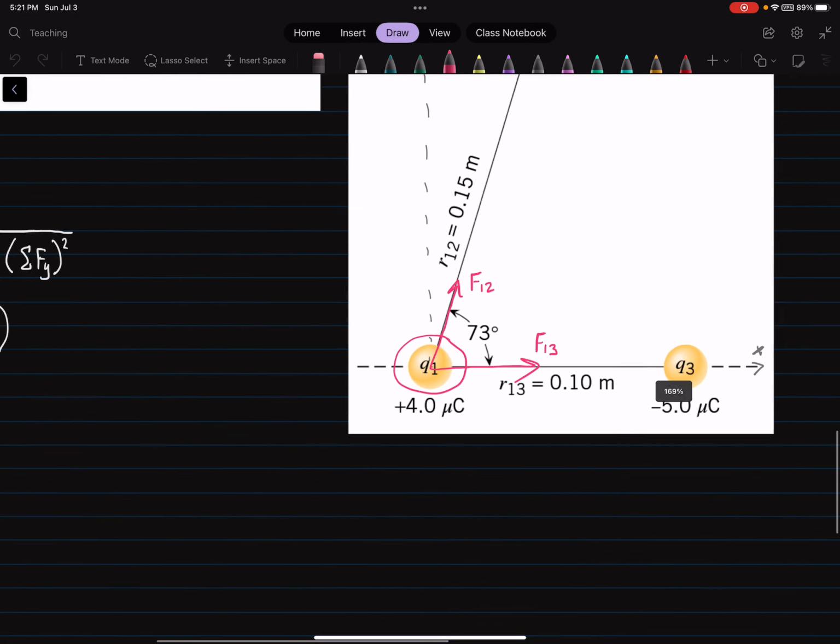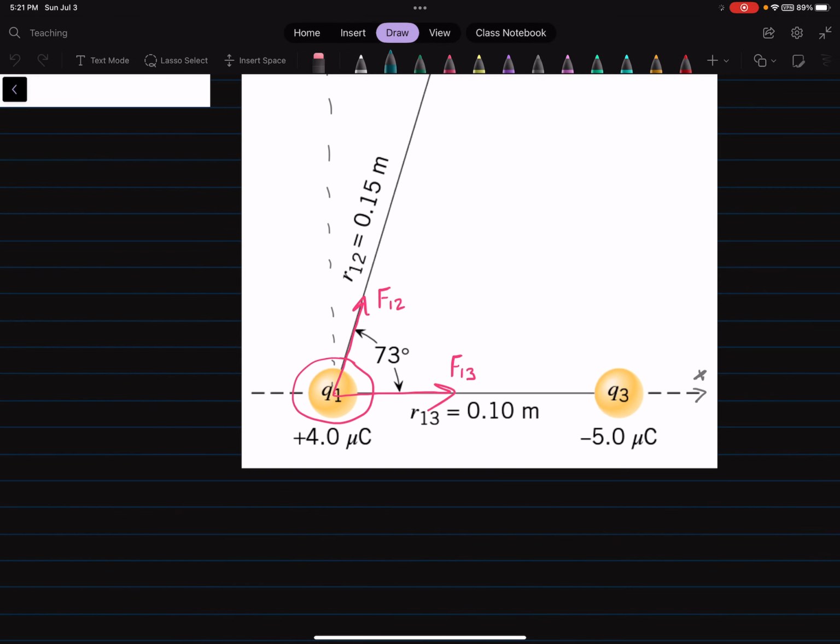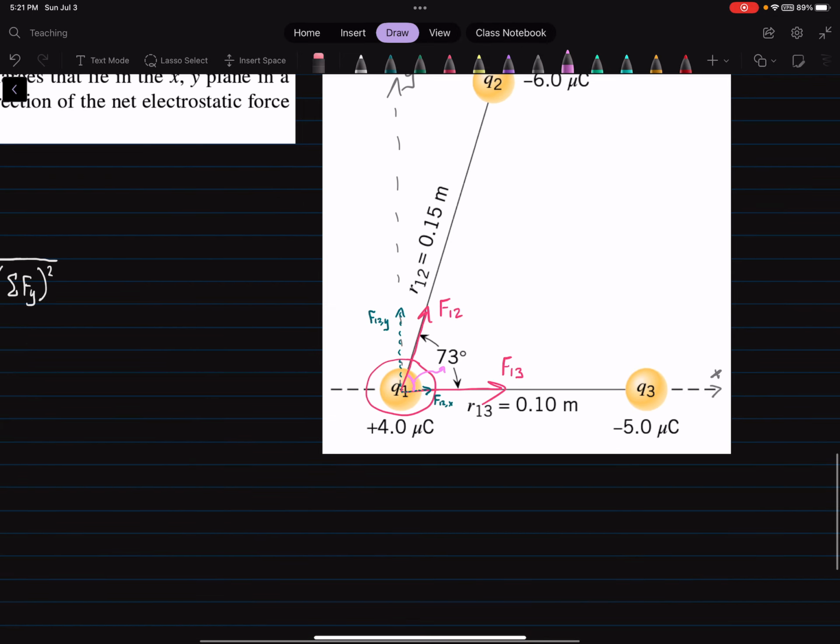So if we zoom in, we can find our component vectors. It lies some amount, F12, in the x direction, and some amount, F12, in the y direction, right? And we, of course, know that this is that angle, 73 degrees.